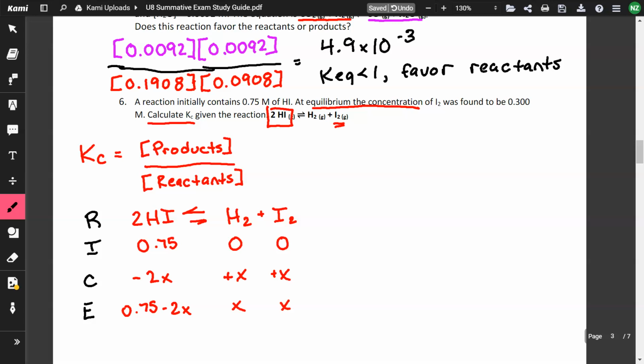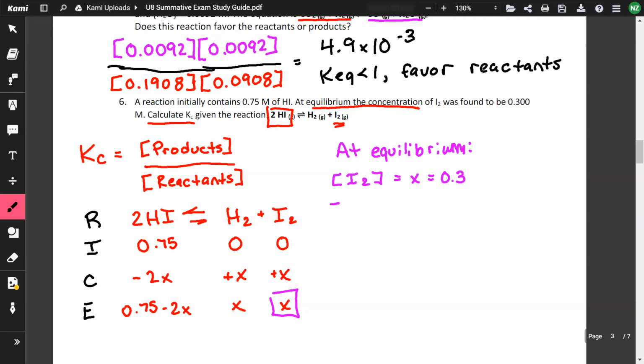All right. Now, at equilibrium, it tells us I2 is equal to 0.3. So I2 is equal to x, which is equal to 0.3. So now that we know what x is, anywhere there's an x, we can substitute in our 0.3.